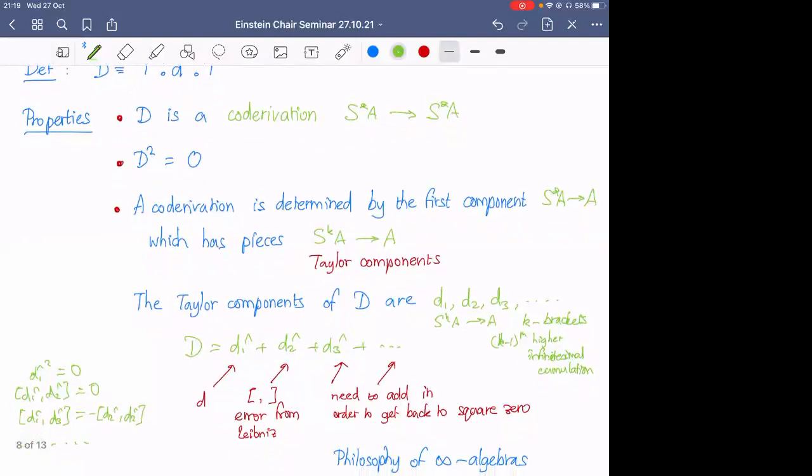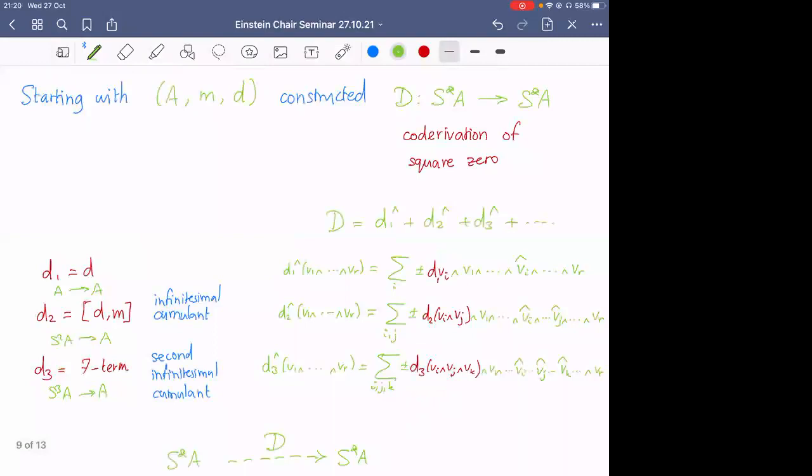And okay, so in the philosophy of infinity algebras, you can think of doing this operation, and that will get you to the big D. So now we see that all these different K brackets have fitted together into a single operator D, which is a co-derivation of square 0 on S star A. I've just repeated that here, and then I've written down what the format of these different pieces of the co-derivation are.